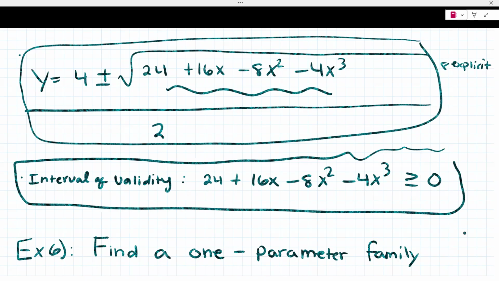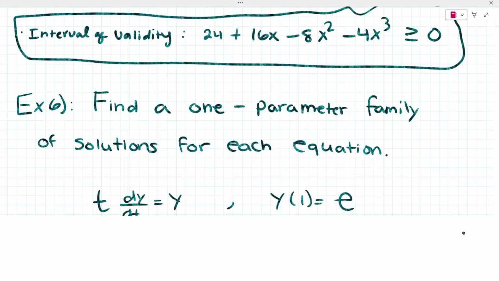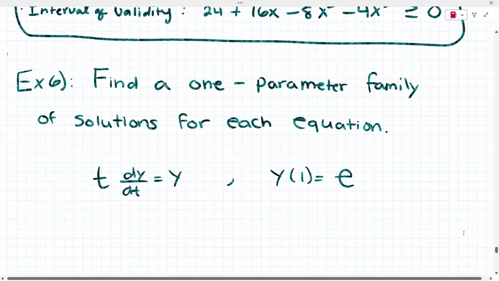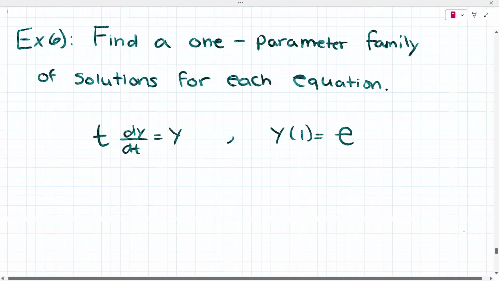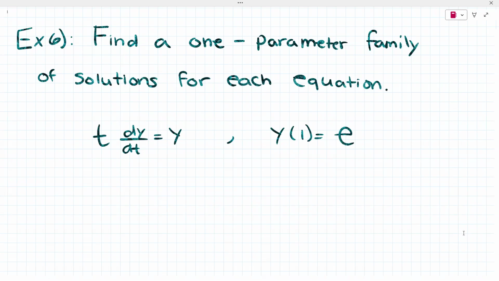Okay, let's move on to example 6. So example 6 says find a 1-parameter family of solutions for each equation. We have t times dy over dt equals y, with an initial condition of y(1) equals e.